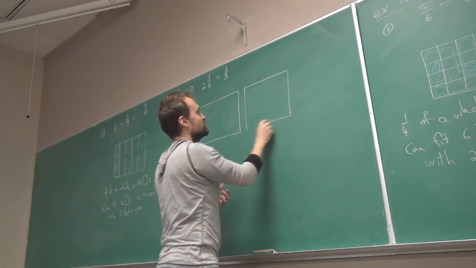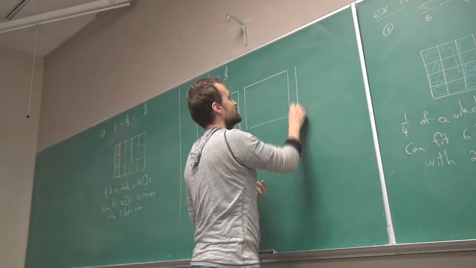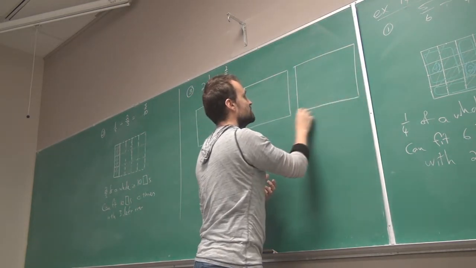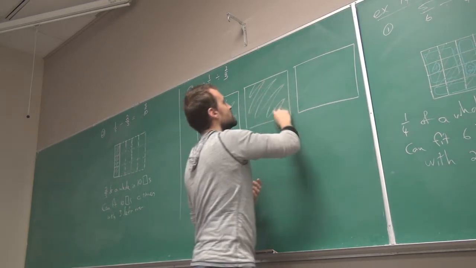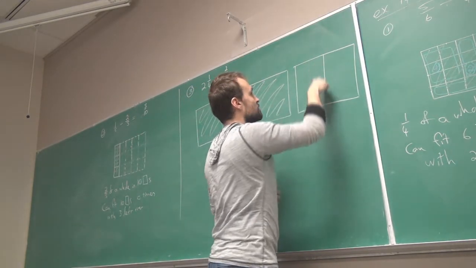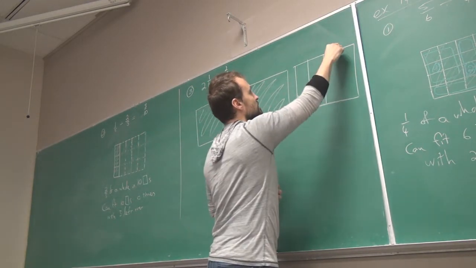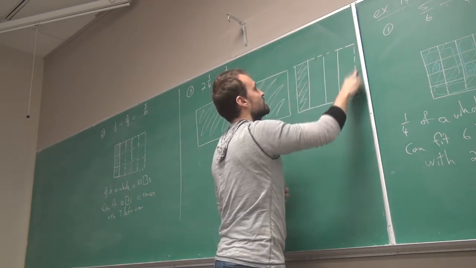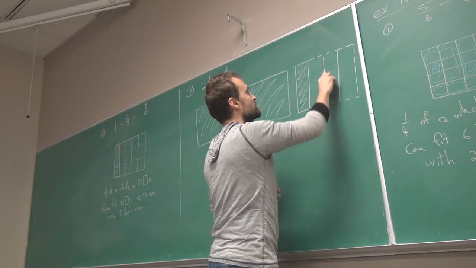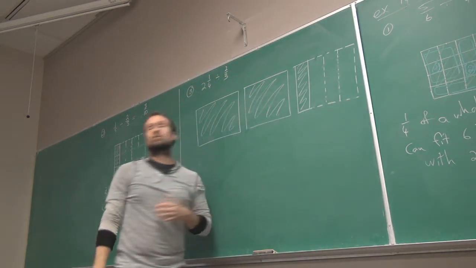Oh, did I make these too big? 2 whole rectangles and 1/4 of another one. I don't really have any of this, though it is there for my whole rectangle.